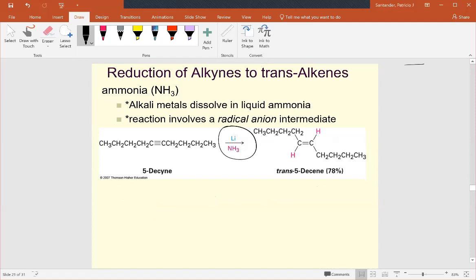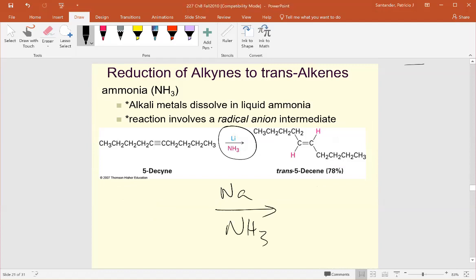I told you, you can also use sodium in ammonia. Sodium in ammonia works equally well. And the result here, unlike the previous case where you get the cis alkene, here you get the trans. So that is great because that is giving us very good flexibility in all the different kinds of compounds that we may want to prepare.